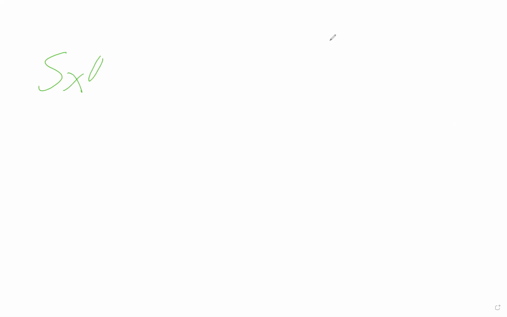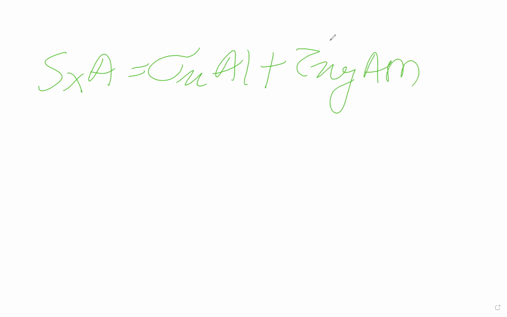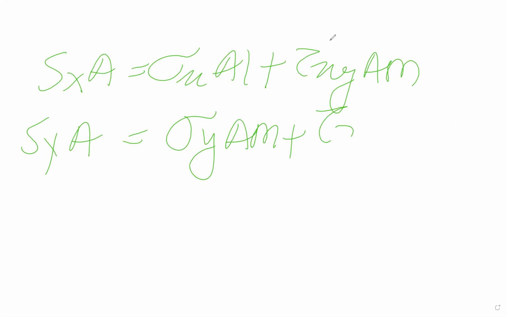Sx is equal to sigma x AL plus tau xy AM. This is one equation, and the other equation is Sy is equal to sigma y AM plus tau xy AL.